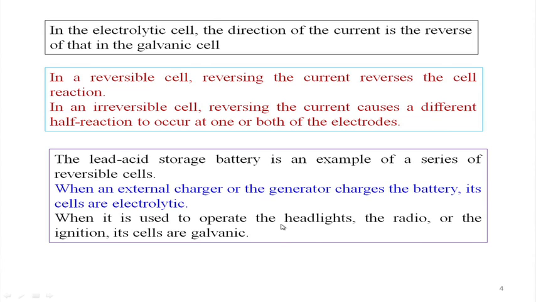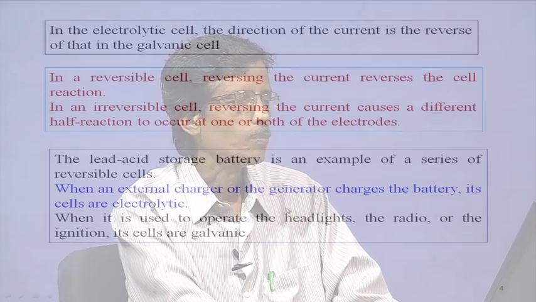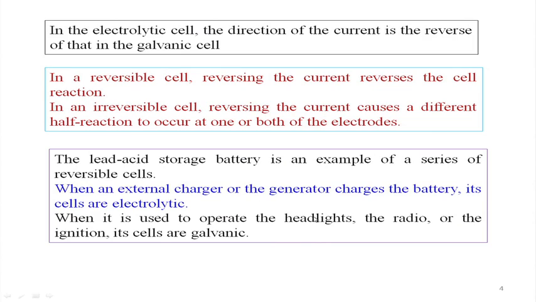When it is used to operate the headlights, the radio or the ignition, the cell is galvanic. So when we draw the current, it is a galvanic cell, but when we charge it from an external source of electrical energy, the cell is termed an electrolytic cell.